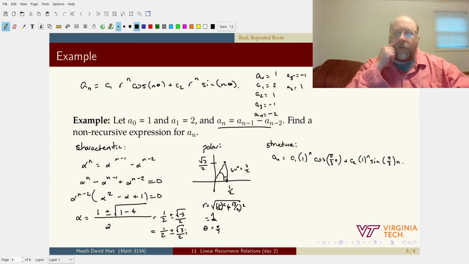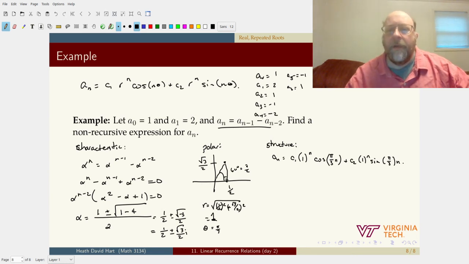And we need to pick 2 test cases to try to solve this with. For my test cases, I've got to look at a sub 1, so n equals 1.